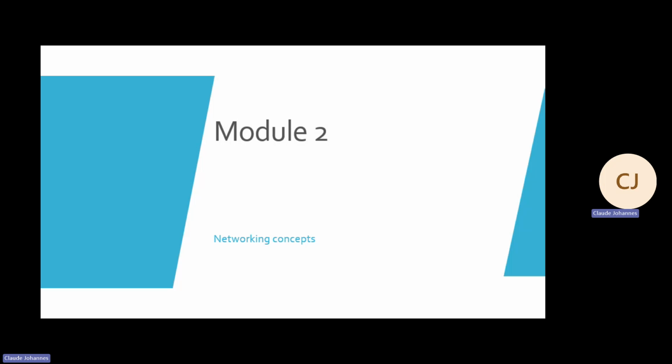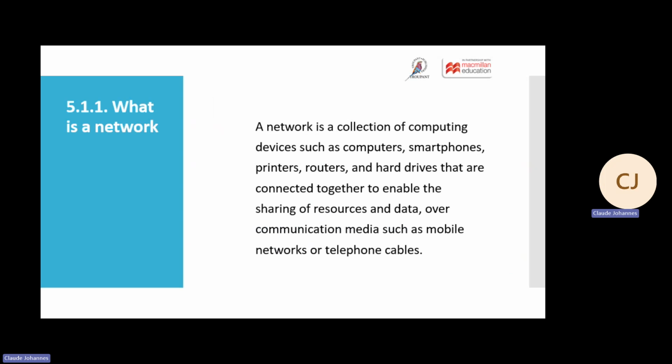Then you should also be able to define the term network architecture. Then you should be able to differentiate between network architectures: client-server and peer-to-peer, and then lastly, internet peer-to-peer network. So you would ask yourself, what is a network?